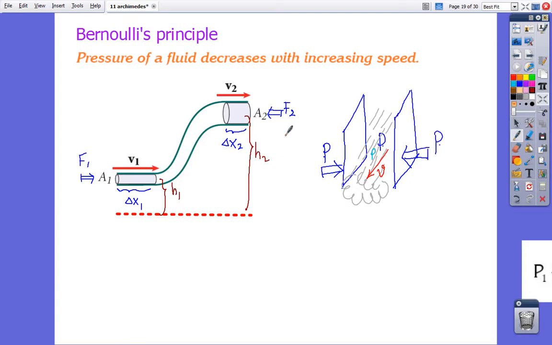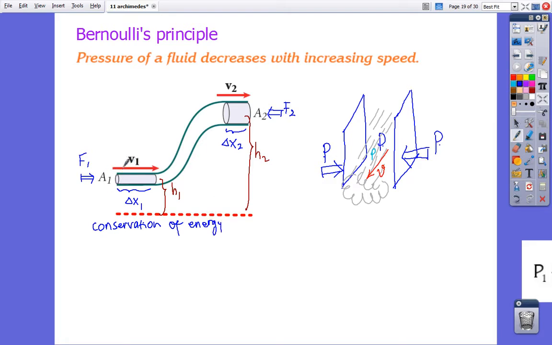Right. So I'm going to explain this with conservation of energy.